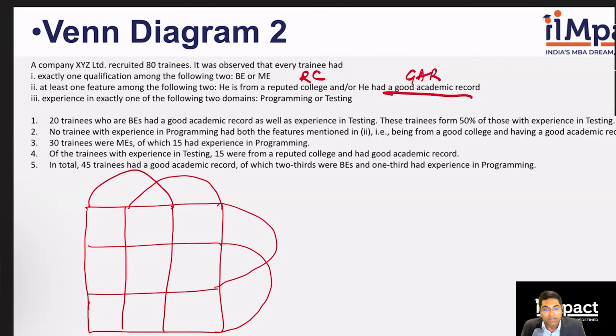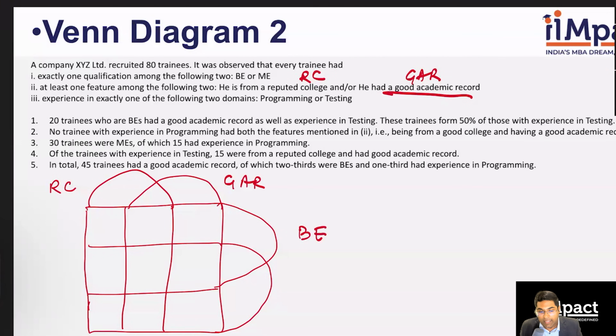Now, this is the crucial part. What do I name the sets? Each set, what should be the names of those? Because somebody can have both RC and GAR, I will give them their individual sets, RC and GAR. I will name this as BE.